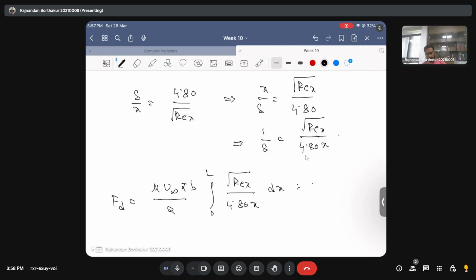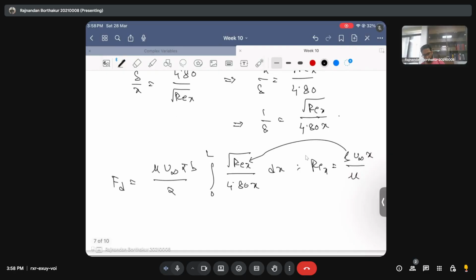And then you just need to use the fact that your Re x is equal to rho u infinity x by mu, and substitute it over here. If you do the calculation, I'll skip it for the sake of repetitiveness. You will see that your drag force will simply come out to be something like this.